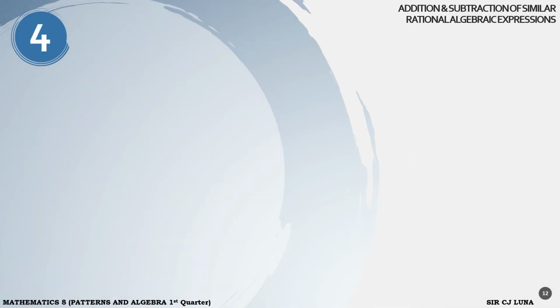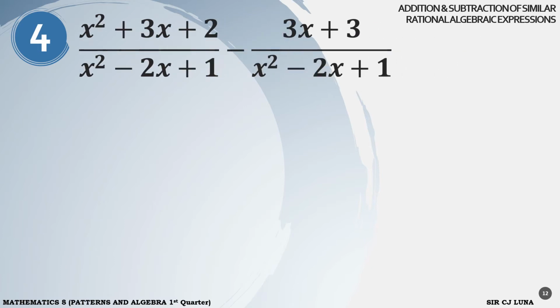Example number 4. x squared plus 3x plus 2 all over x squared minus 2x plus 1 minus 3x plus 3 all over x squared minus 2x plus 1. Since they have the same denominator, let's just rewrite our numerator.